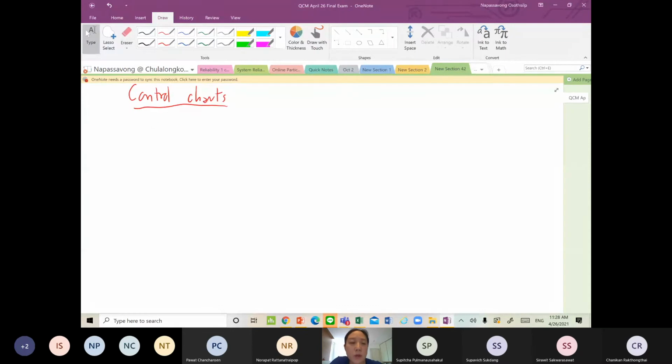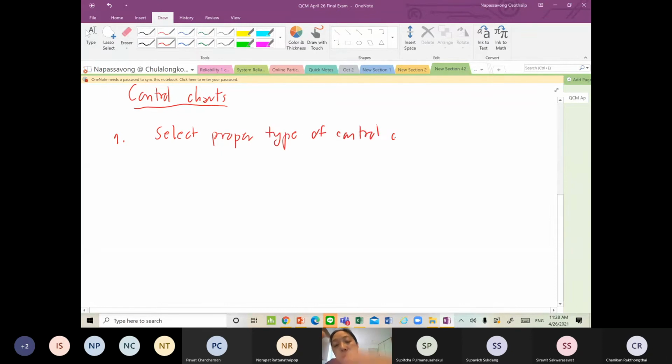For control charts, first you have to be able to select the proper types of control chart. Remember that we have variable control charts and attribute control charts, right?